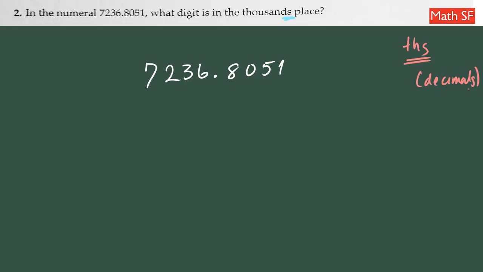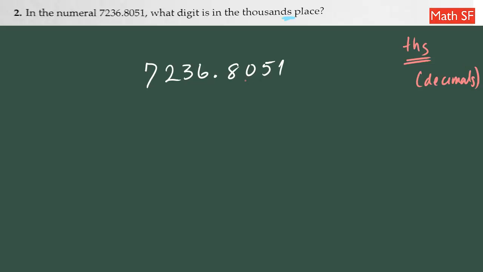Number 2, they're also giving you another numeral in which we're supposed to find the thousands place. So 7236.8051. Look at the difference. There's a difference between thousands and thousandths. Usually if the decimal place ends in a THS, that means we're looking over the decimals.